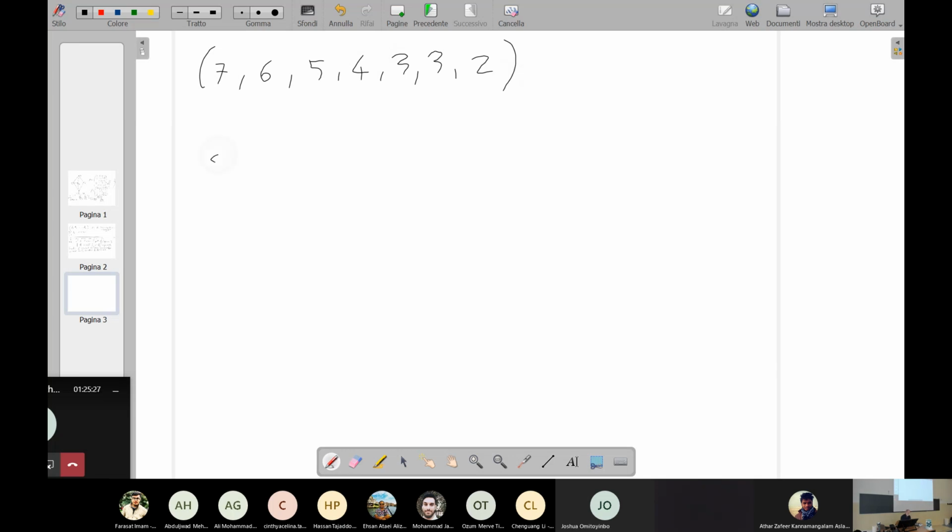Okay, so V1, V2, V3, V4, V5, V6, V7. 7 is odd, so 7 minus 1 is 6, divided by 2 is 3, so I put here 1, 2, 3 loops.